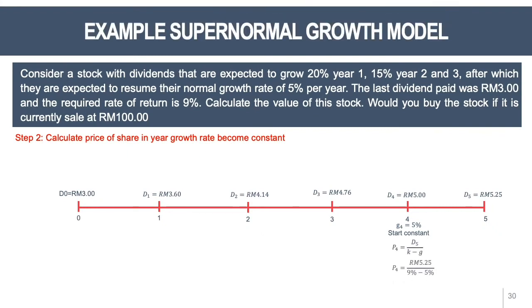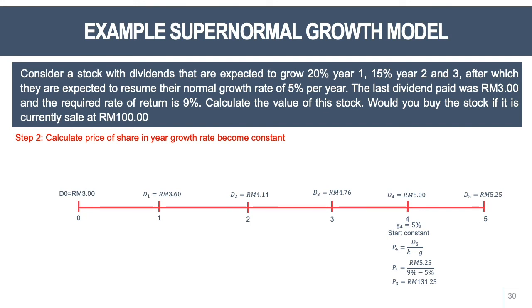To calculate it, we use D5. So D5 divided by (k minus g). We already calculated D5 from the previous step, which is 5.25 ringgit. Divide by the growth rate 5%; the required rate of return is 9%. So you get 131 ringgit and 25 cents. So this is step number 2.